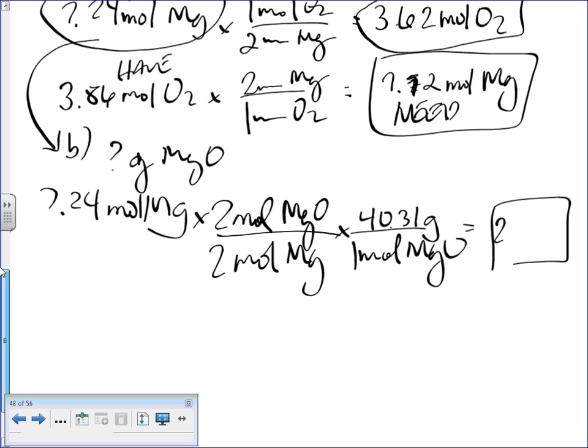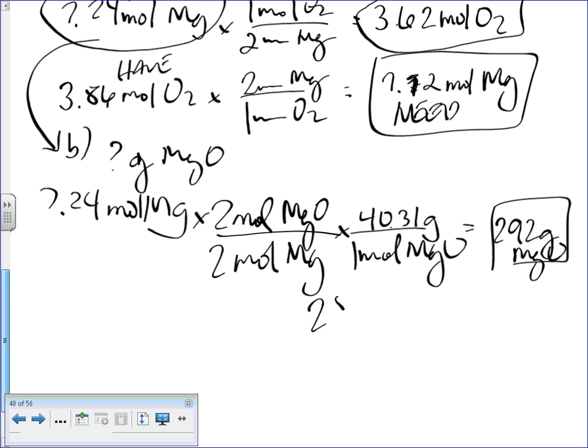How much? 291. I think that's really large. I'm just checking myself here. 292, yeah, 292-ish grams. Okay, and then last one, determine the percent yield if 288 grams of magnesium oxide was collected. If 288 grams was collected, what yield is that?